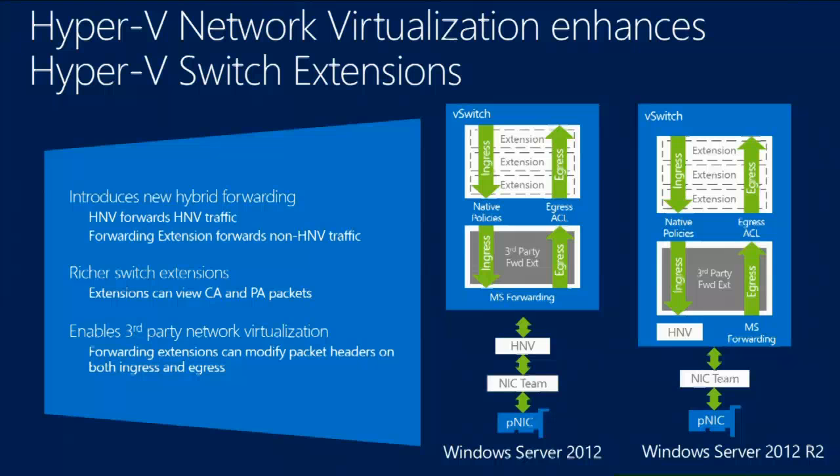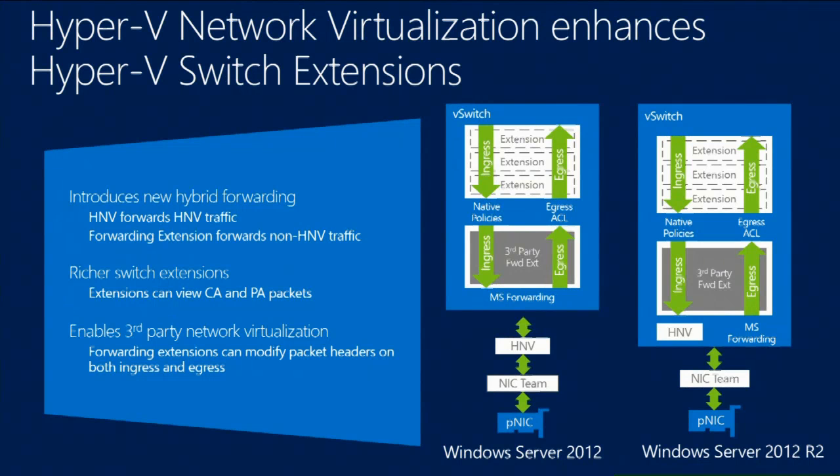And a nice side effect, a nice benefit of this, is that in the 2012 time frame, forwarding extensions didn't necessarily coexist with Hyper-V network virtualization. If you had the Cisco Nexus 1000V, for instance, it would not coexist with Hyper-V network virtualization. But we partnered closely with Cisco, and in the R2 time frame, these two can now coexist with each other. The reason is we introduced a hybrid forwarding approach within the switch: if you have a VM that's using HNV, then HNV takes care of the necessary forwarding.